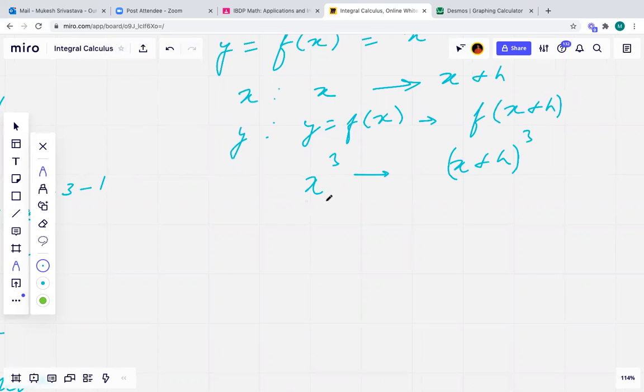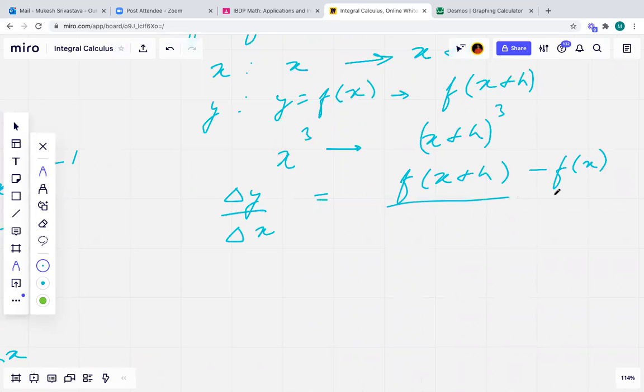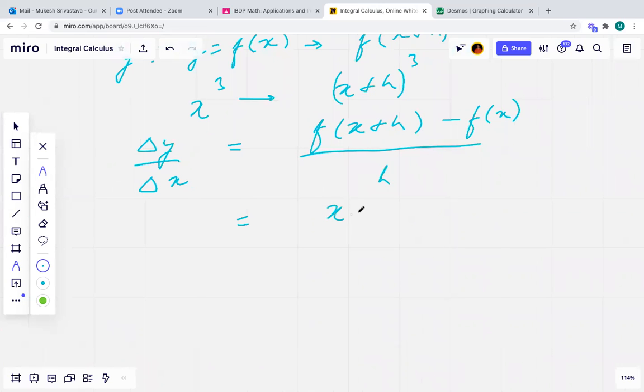Now my delta y by delta x is f of x plus h minus f of x on h. Now f of x plus h is x plus h cube, and f of x is x cube, upon h.